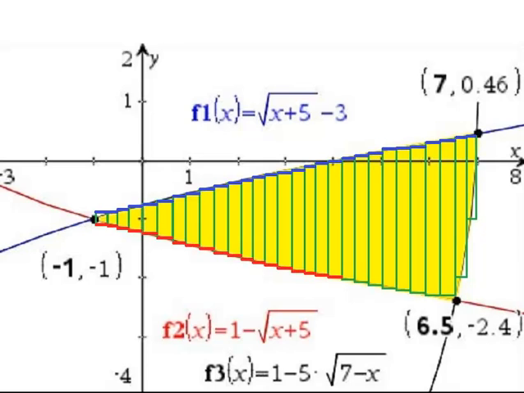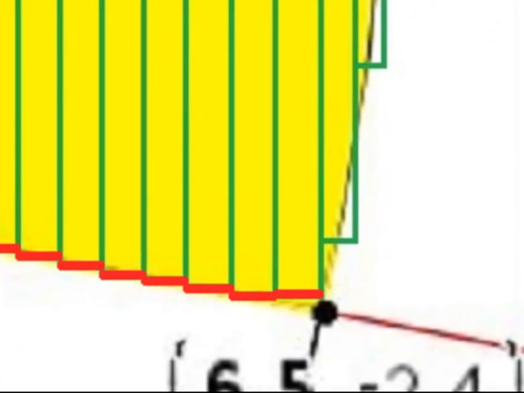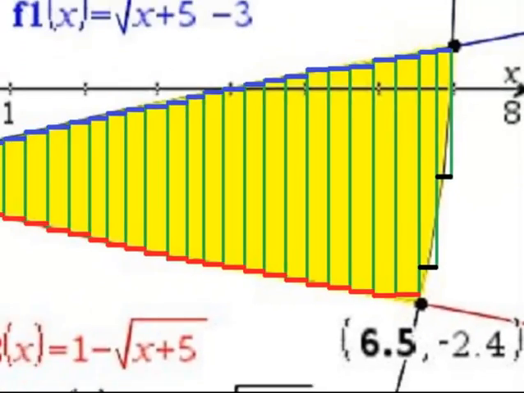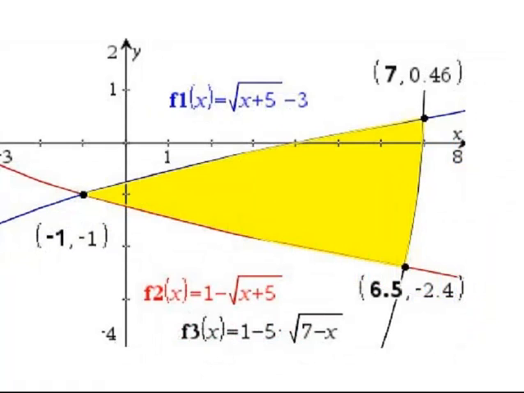Okay, there is a change at the far right of the region. The bottoms of the rectangles changed from being defined by the red F2 graph to the black F3 graph. So now we have two fundamentally different types of rectangles, and consequently we'll need two integrals to sum up their areas. So let's informally formulate the areas of these rectangles.